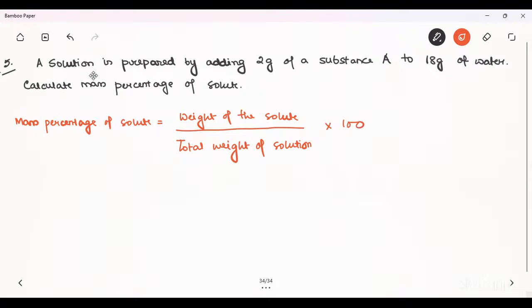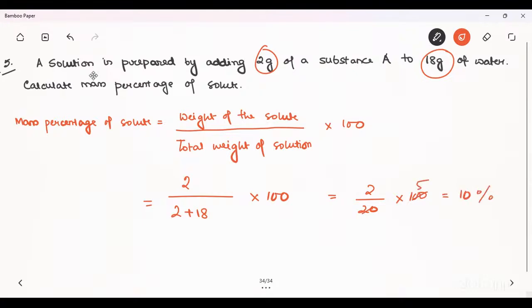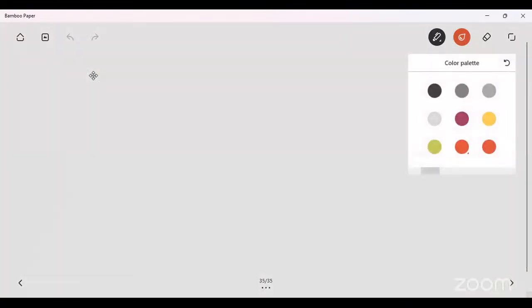This is the formula. So what is the weight of the solute? What is the total weight of the solution? 2 plus 18 into 100. So it's basically 2 by 20 into 100. So it's 10%, right? So the answer will be 10%. It's quite easy. Okay. Next question.